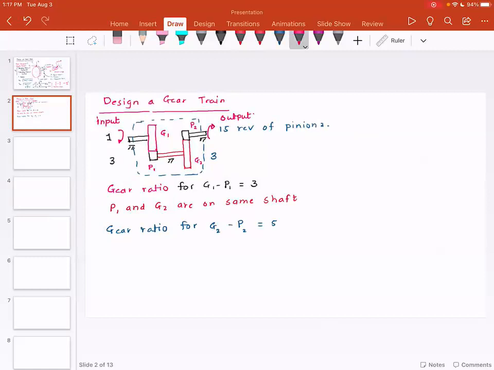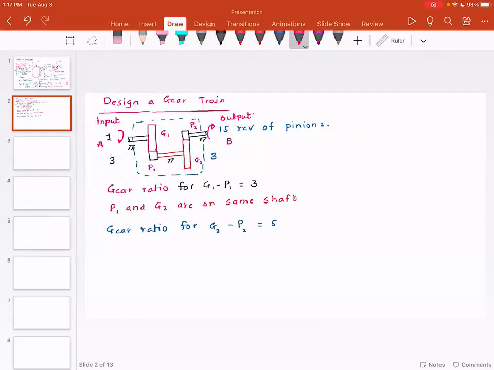Alternatively, one revolution of output shaft would result in 1/15th revolution of the input shaft. For spur gear, power flow can go from point A to B or from point B to A.